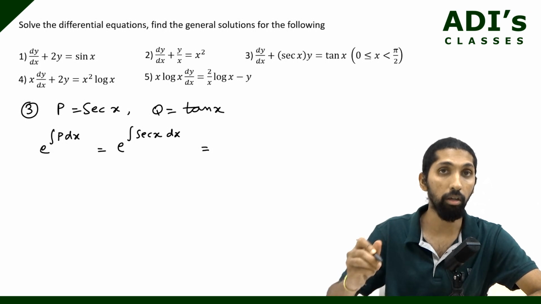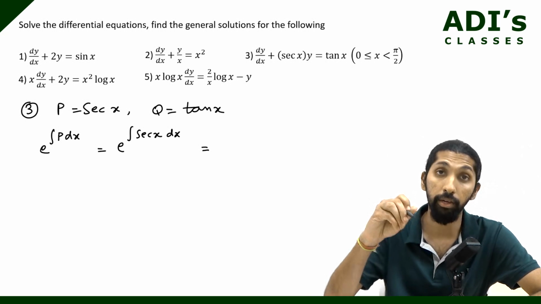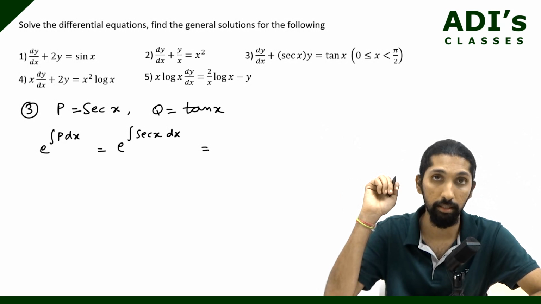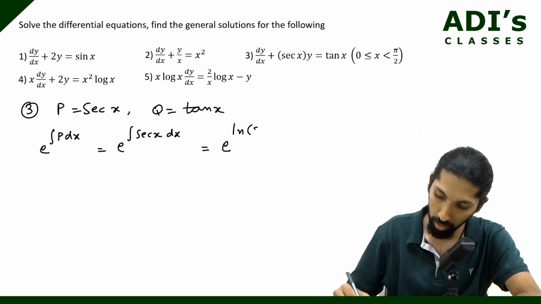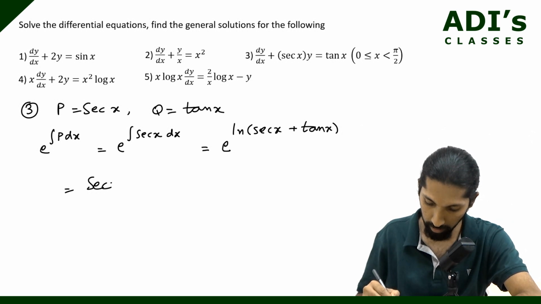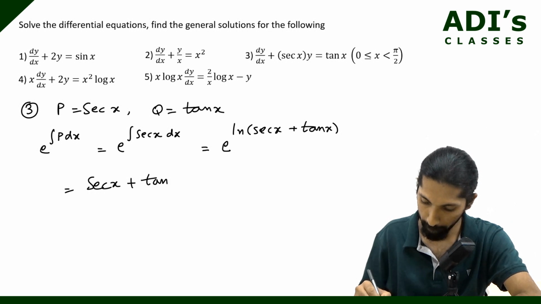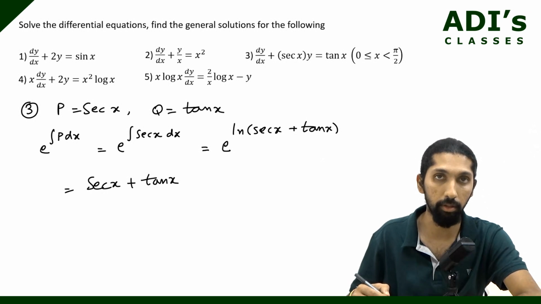Now recall, what is integration of secant x? You need to do secant x plus tan x, isn't it? So you get e to the power of log of secant x plus tan x, correct? So finally this is going to become just secant x plus tan x. The log and e power, both of them are inverse, isn't it?